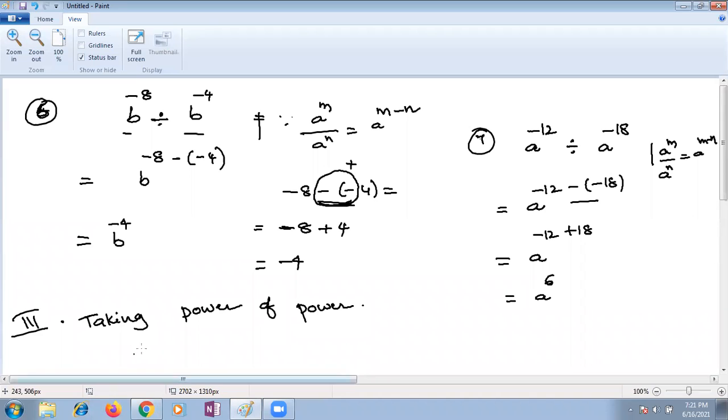Simply consider one example. Let me take 2 raised 3 whole power 2. Here already a power is there, again a whole power 2. In this case, what are you supposed to do? You should always multiply your exponents. So the answer is 2 to the power of 6.